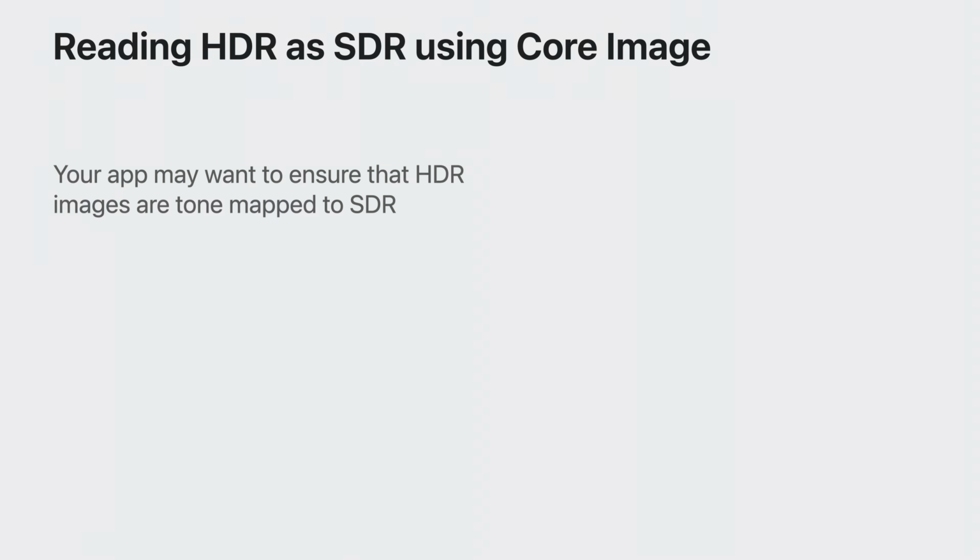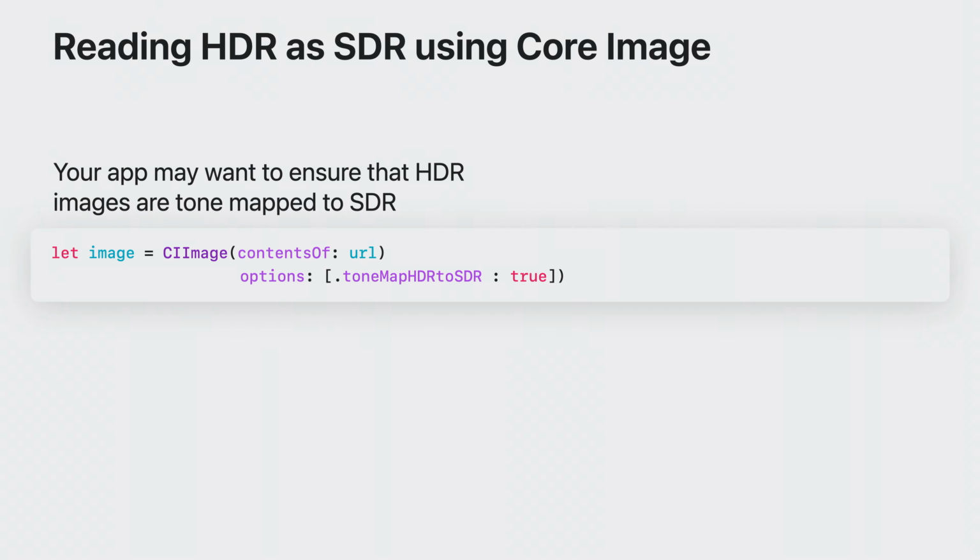A few minutes ago, Jackson described why you might want to limit HDR images to SDR. Similarly, apps using CoreImage may want to override its automatic HDR support to ensure that images are tone mapped to SDR. This can be useful when you want to avoid using HDR for certain scenarios, such as feature detection. To enable this, you simply need to provide the tone map HDR to SDR option when creating the CIImage.